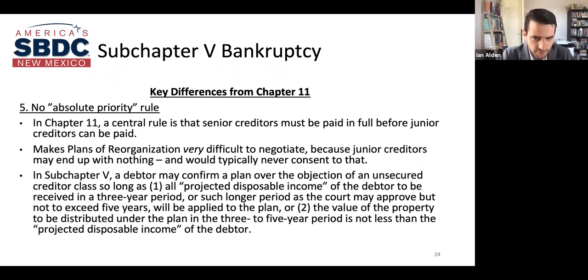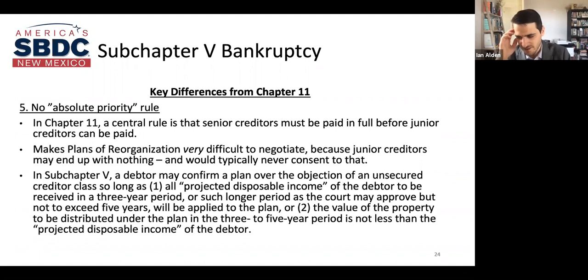In Subchapter 5, the absolute priority rule does not apply. And you can confirm your plan of reorganization over the objection of unsecured creditor classes, so long as, again, all projected disposable income of your business over a 3-year period, or longer, such as the court may determine, 3 to 5 years, will be applied to the repayment plan. Or, this is an interesting or, if the value of the property to be distributed under the plan in a 3 to 5 year period is not less than the projected disposable income of the debtor.